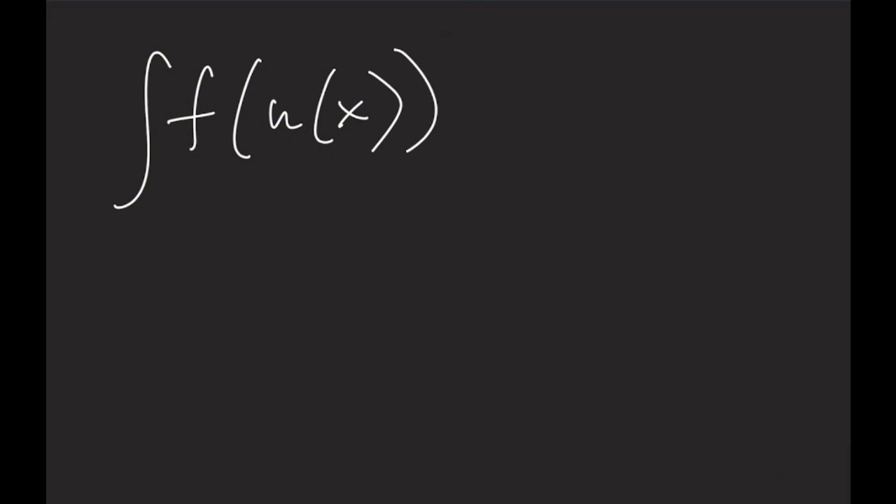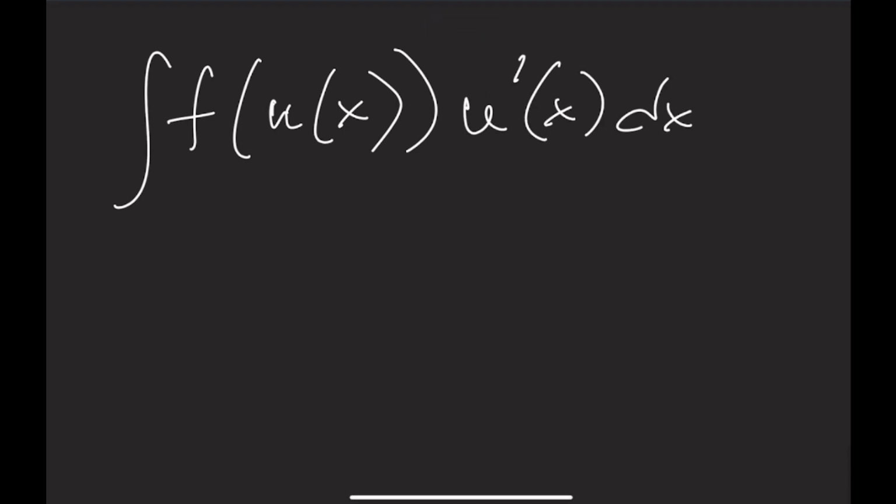And so what the rule of substitution is: let's say we have the integral of f of u of x, so it's like a composite function, multiplied by u prime of x, dx, right?